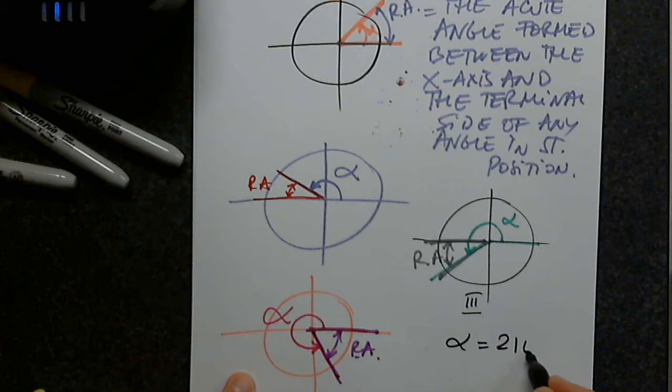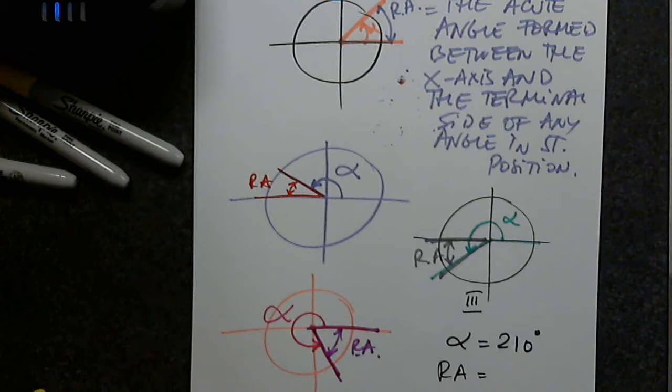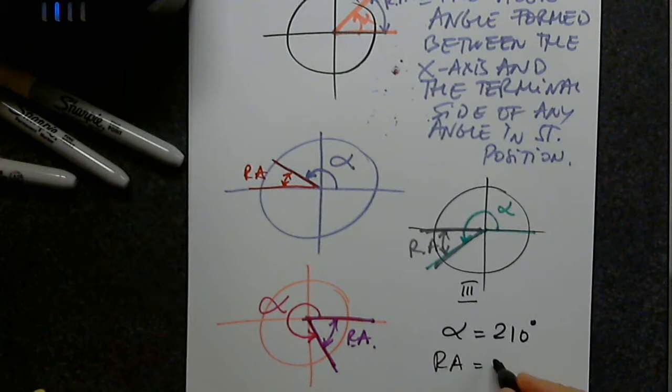Alpha equals 210 degrees. Is this an angle with the terminal side in the third quadrant? What is its reference angle then? The x-axis. I already told you how I got it. So what is the reference angle?